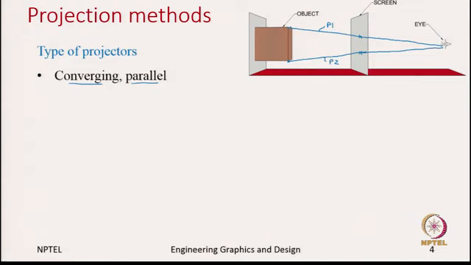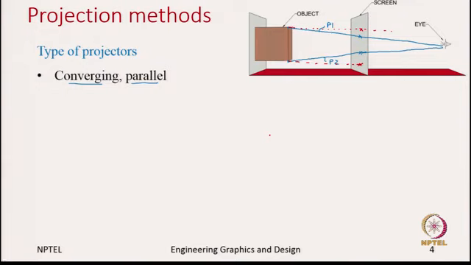These projector lines usually look parallel because the observer is at a very far off distance, and they intersect at 2 different points. So, depending on the position of the observer, you can have either converging projector lines or parallel projector lines.